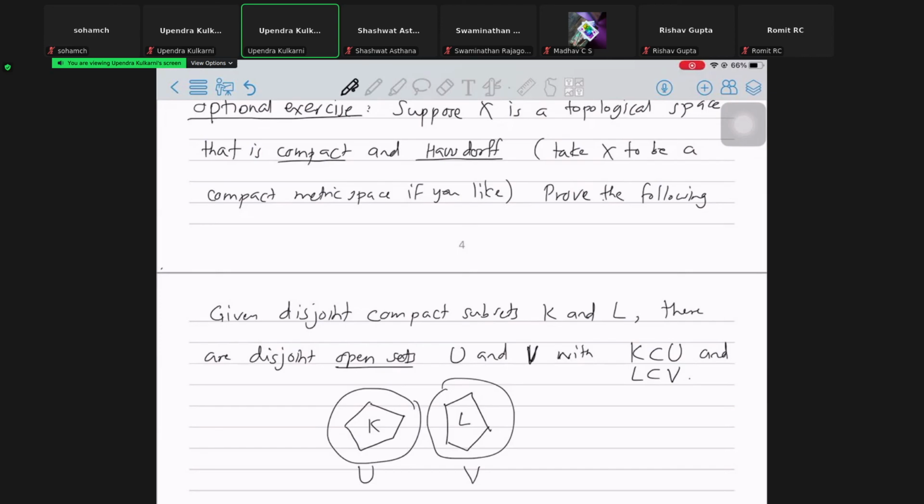And the hint is to do something like what we did before, the same type of idea. And maybe one more hint is that you will do it in two steps.